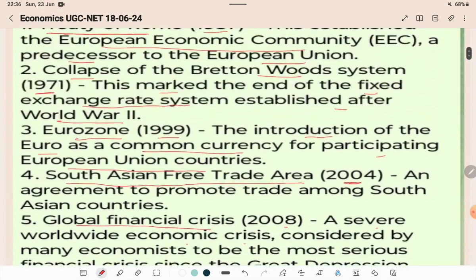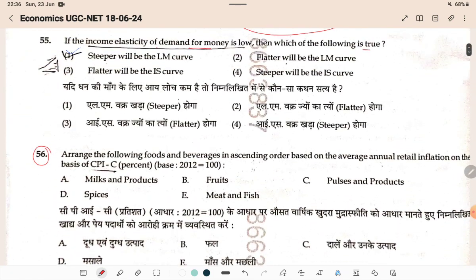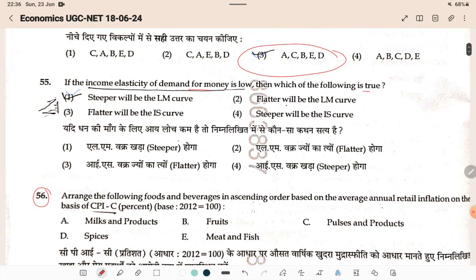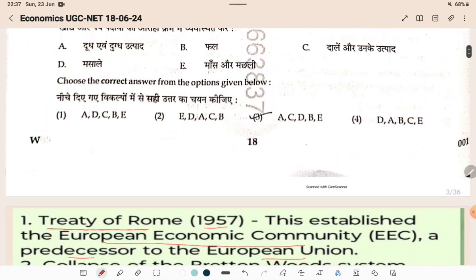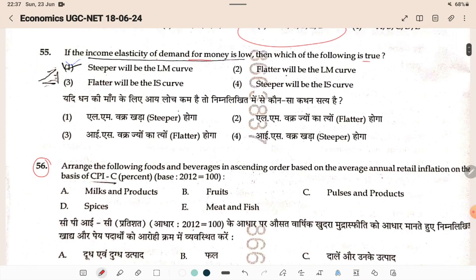Here we can see the question: if the income elasticity of demand for money is low, then the lower the elasticity of liquidity preference, so LM will be steeper. First one will be the right answer here.